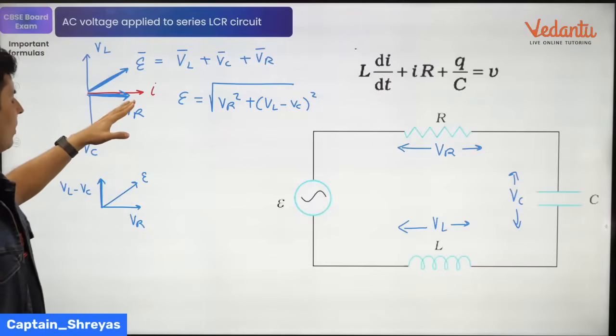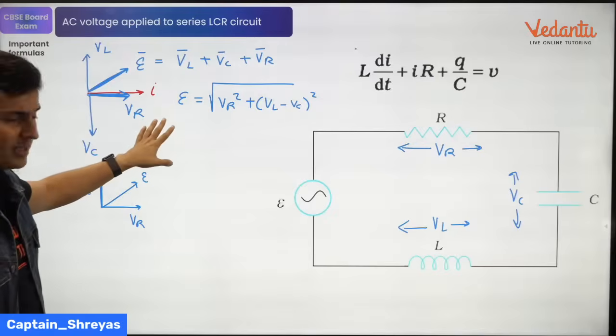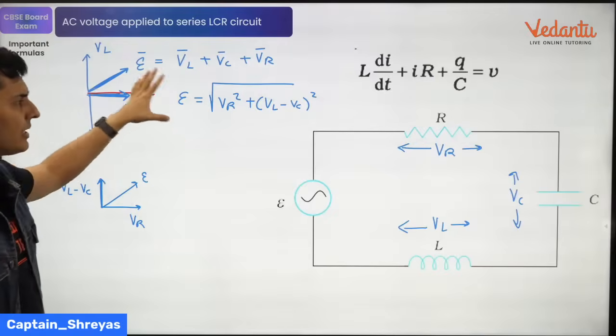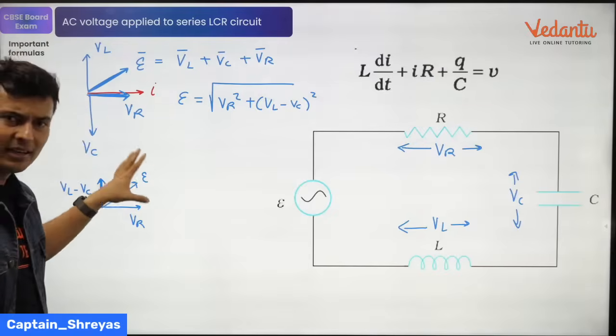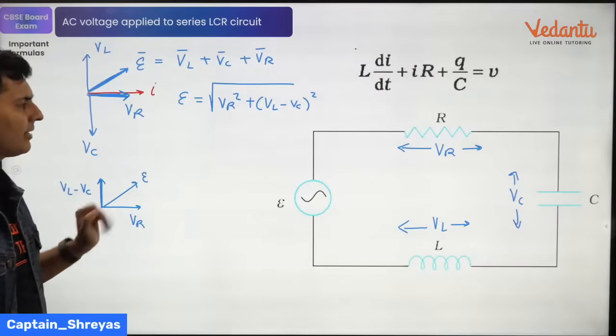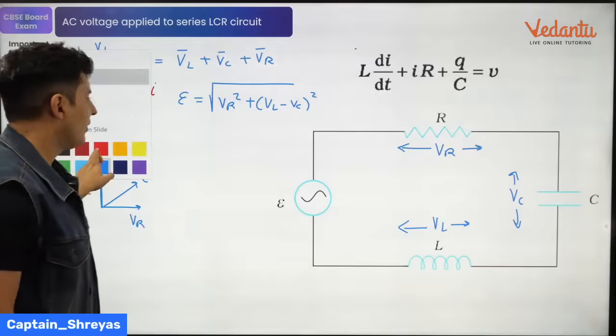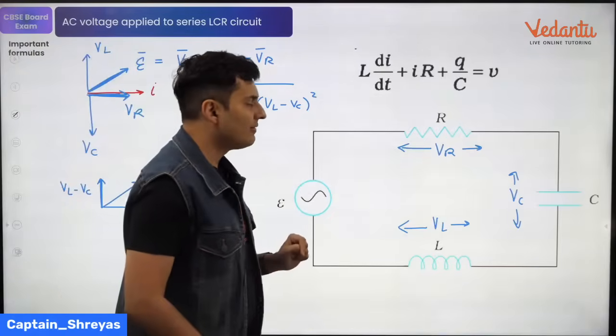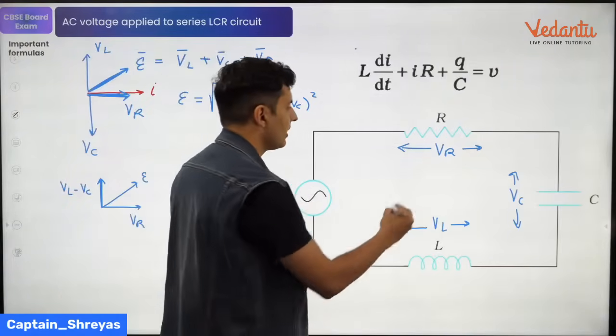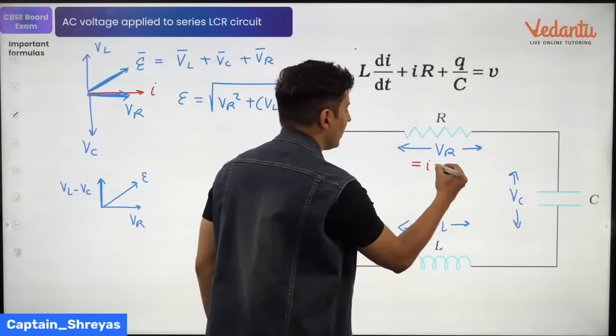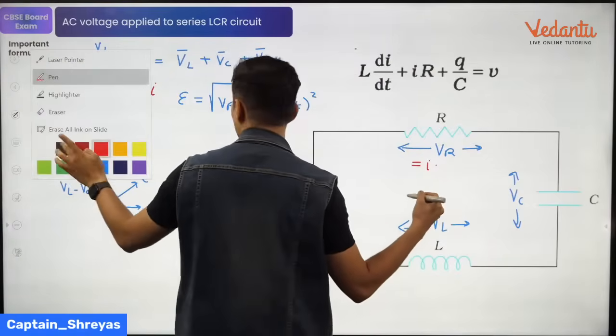that we have talked about voltages and how they add using phasor diagrams. Is there a relationship between the voltage and the currents? The answer is yes. I'll tell you how. Like for example, this voltage VR is basically current into the resistance.